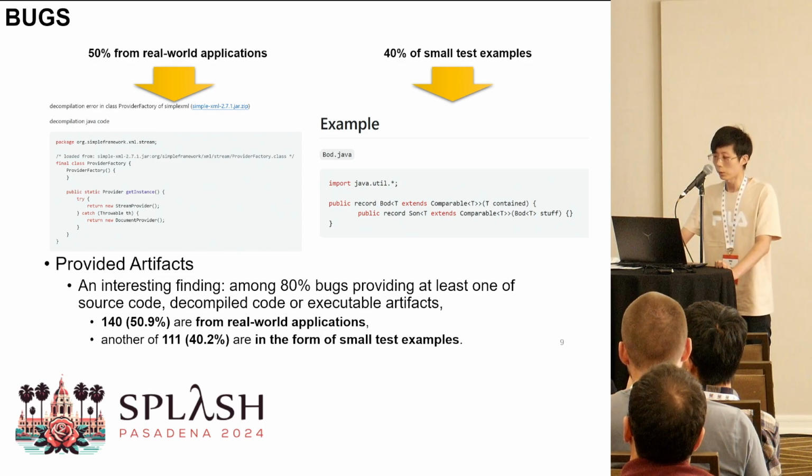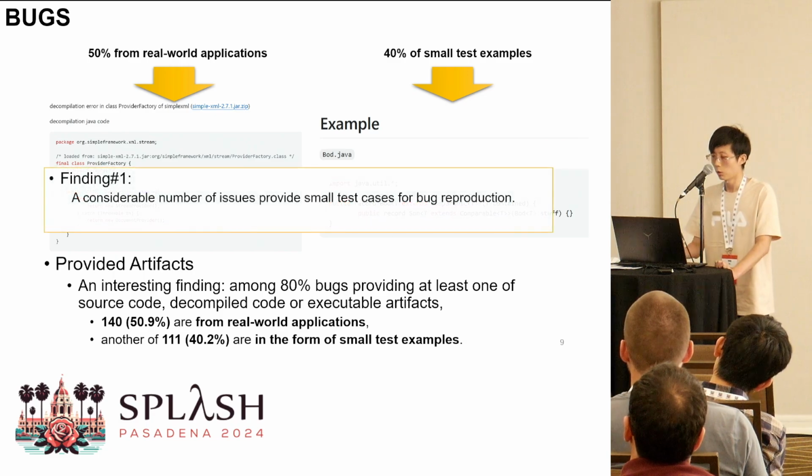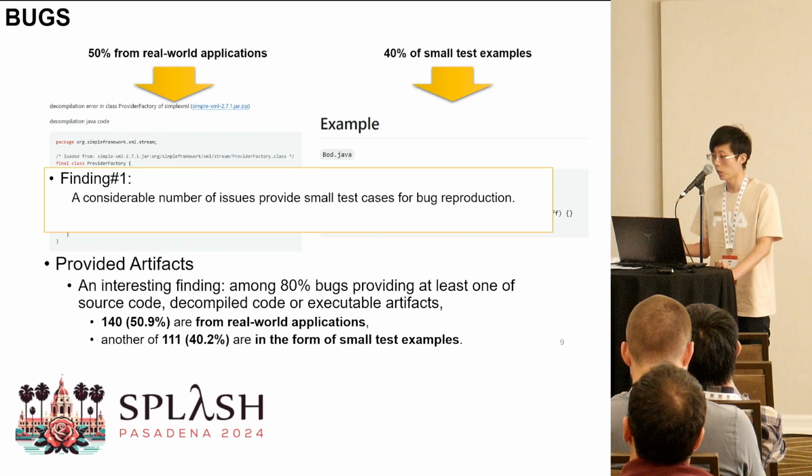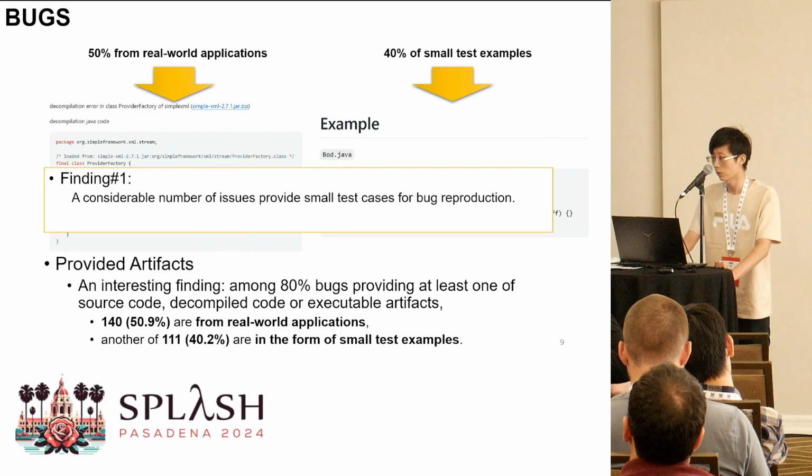This finding implies that small test examples can also be used to help reveal bugs in Java decompilers, and real-world programs are not always required. It is the first finding in our study.